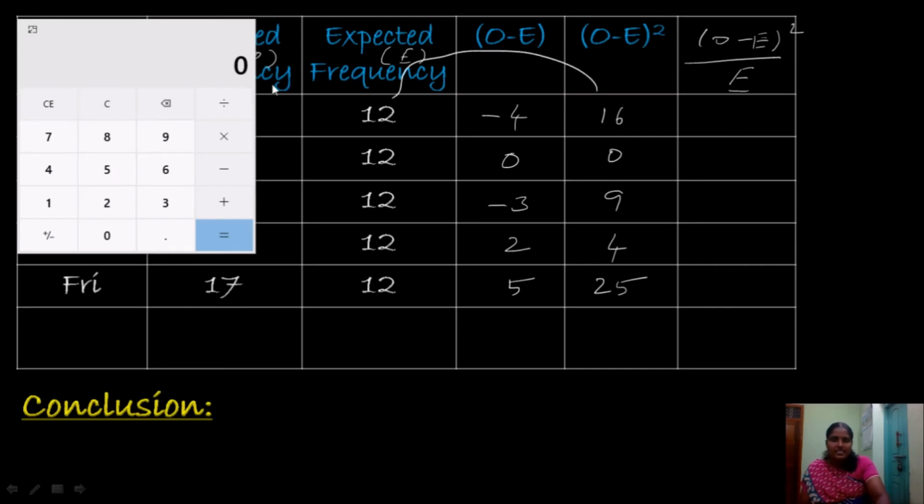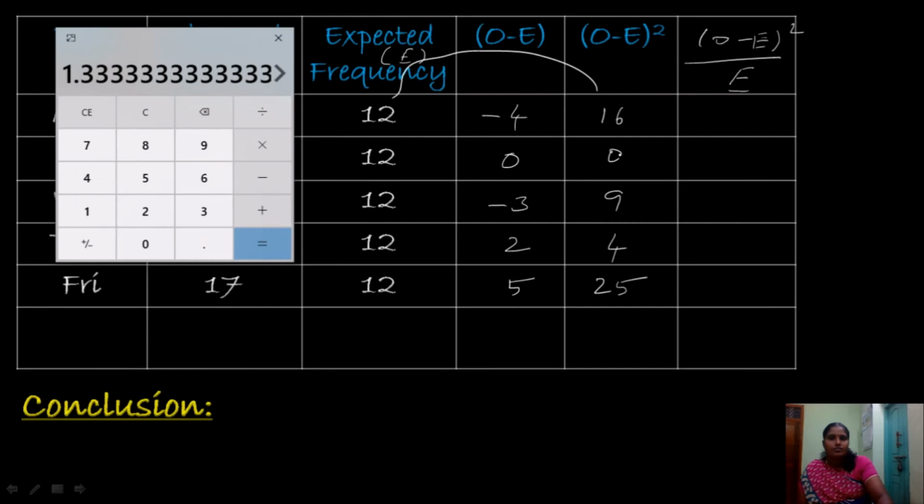That is 16 by 12. 16 divided by 12 we get 1.33. Then the second one, 0 by 12; dividing 0 by anything we get 0.